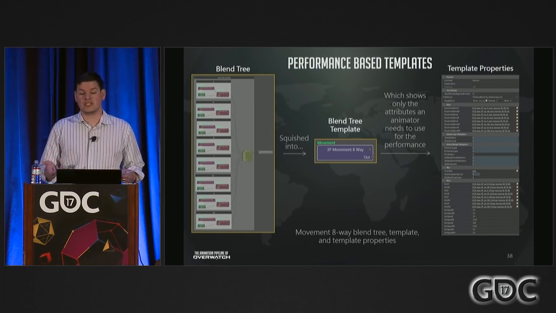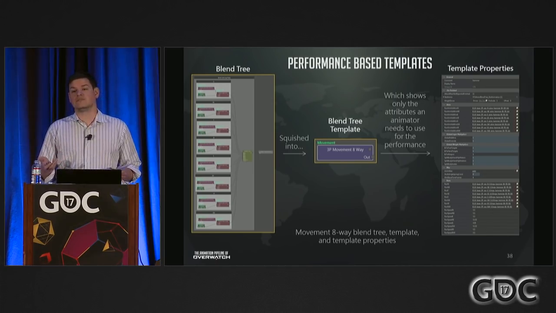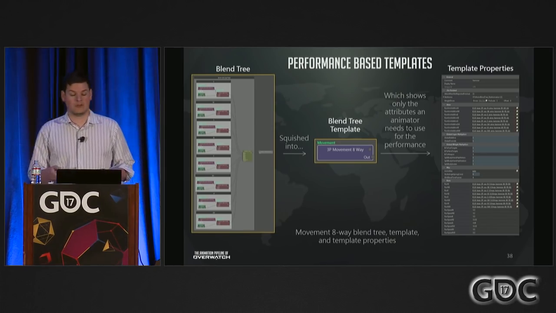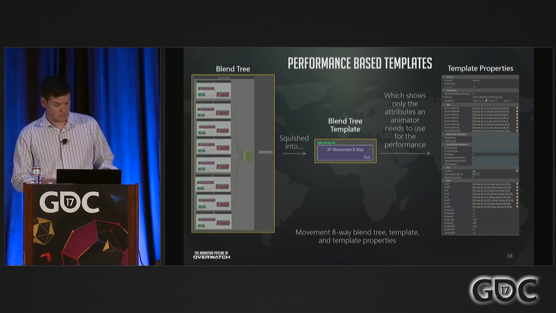Our animation engineer exposes only the values and variables that we need for an animator to focus on the performance. So on the right, you can see the actual UI for that template, where the animations are exposed, how they blend together is exposed, like how fast they play, all the basic properties of performance.